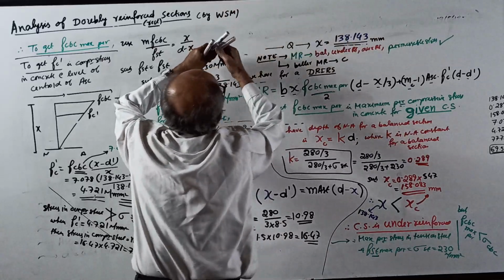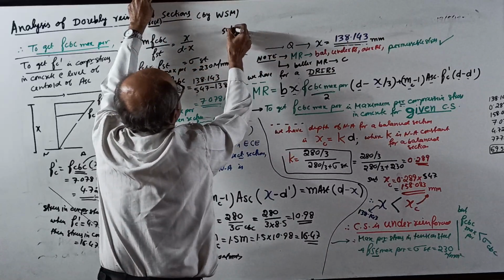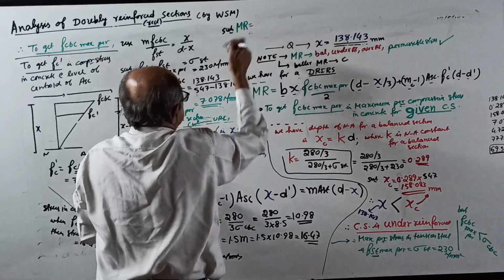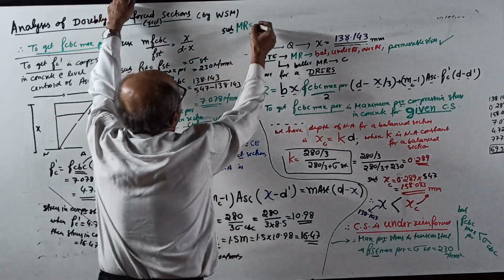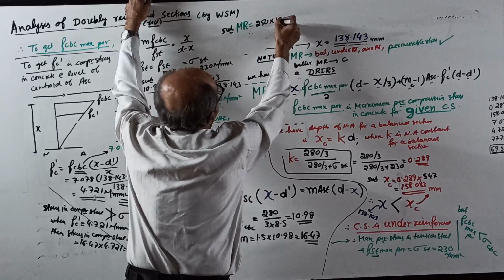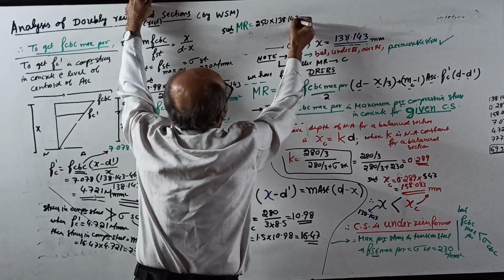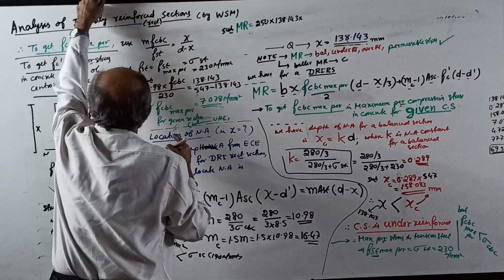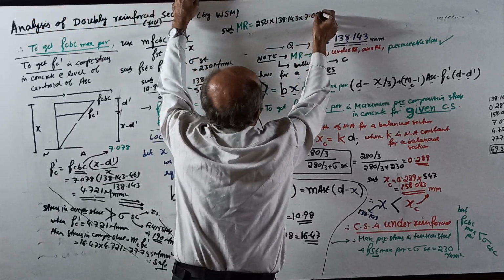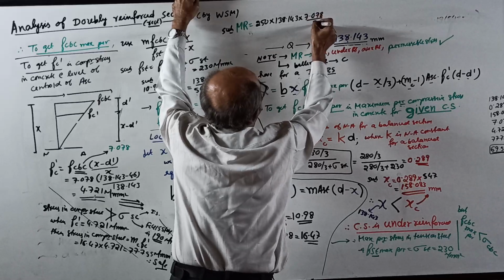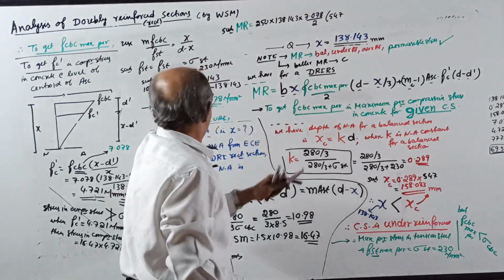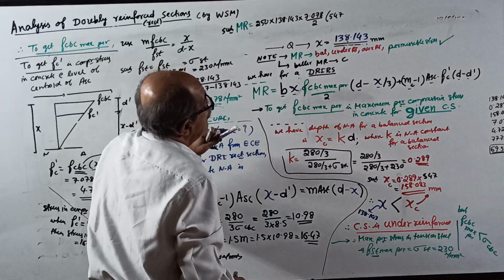Last step, over. Substituting MR equal to B 250 into X, 138.143 into FCBC max permissible, 7.078 divided by 2 into 547 into 547, correct, D is 547.